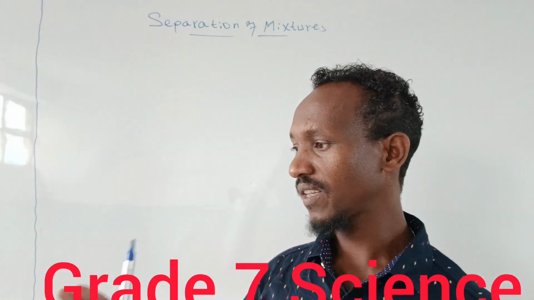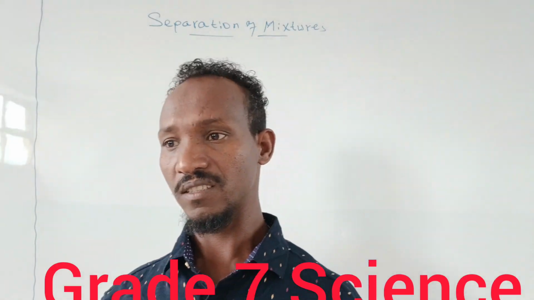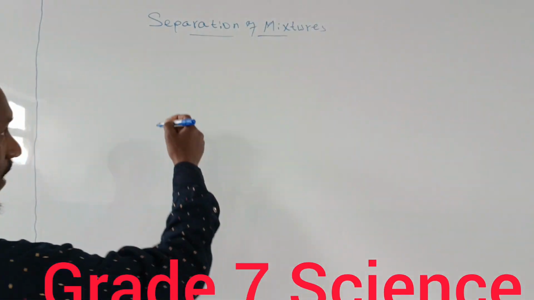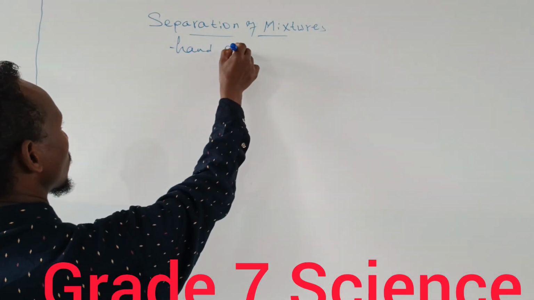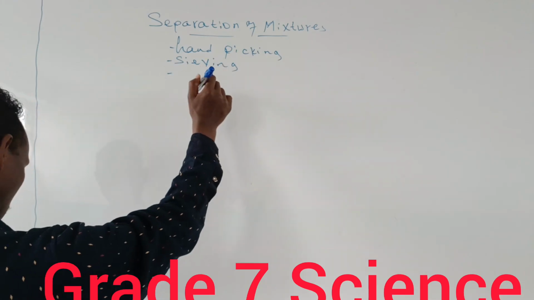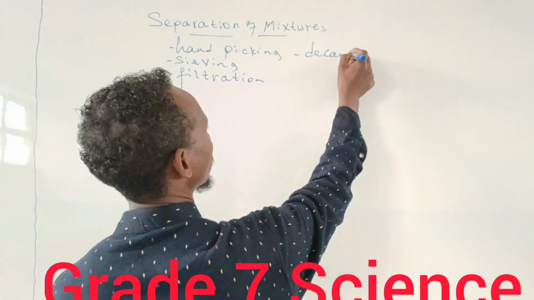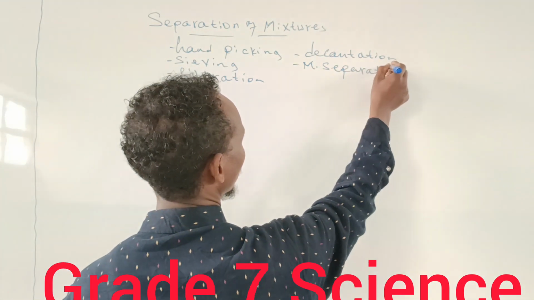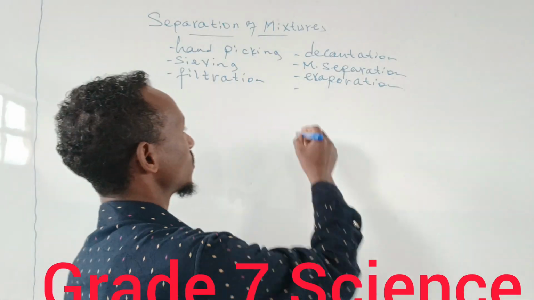The most commonly used techniques to separate mixtures into their useful components are hand picking, sieving, weaving, filtration, decantation, magnetic separation, evaporation, and distillation.